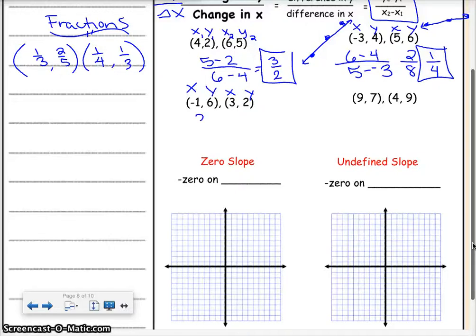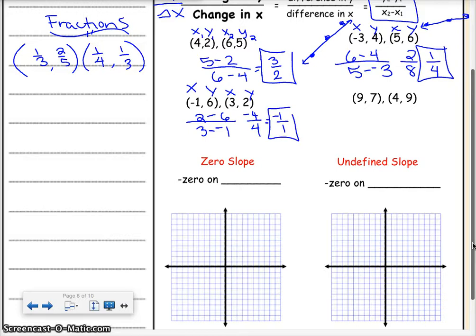So second y 2 minus first y 6 over second x 3 minus first x negative 1. What's that? Negative 4 over 4, right? Because you got plus plus, which is negative 4 over 4. It's negative 1 or negative 1 over 1. Schoology will take both.